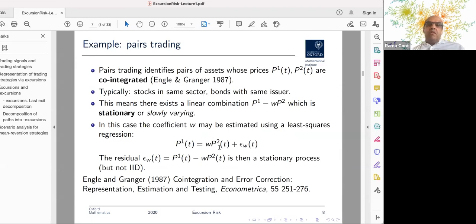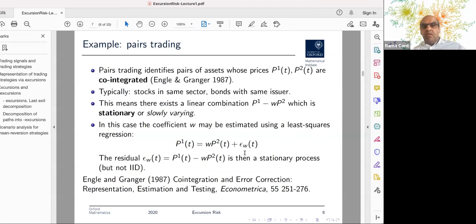In practice, that's how you apply this theory. You take a candidate pair, you do the regression, you find some residual and coefficient, and if there is co-integration, then the residual is going to be a stationary process. If you include here a constant, then this has mean zero.